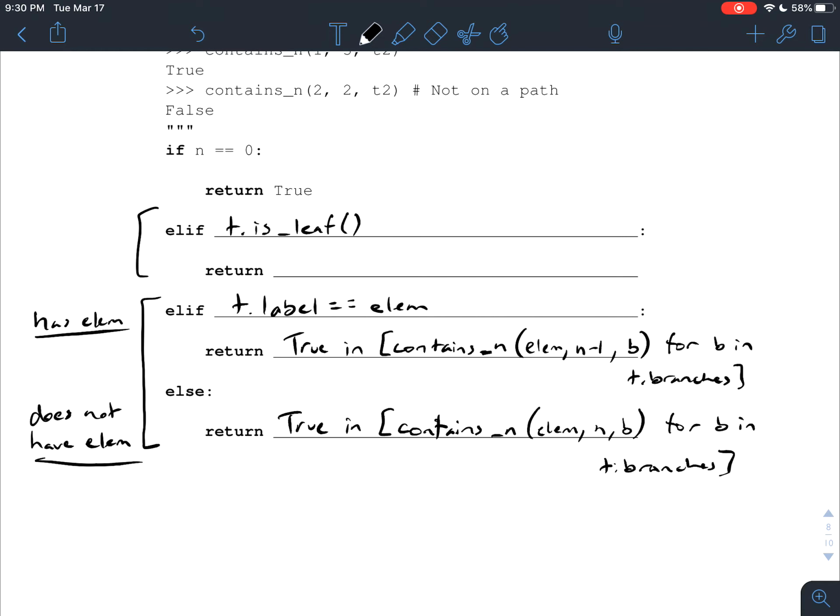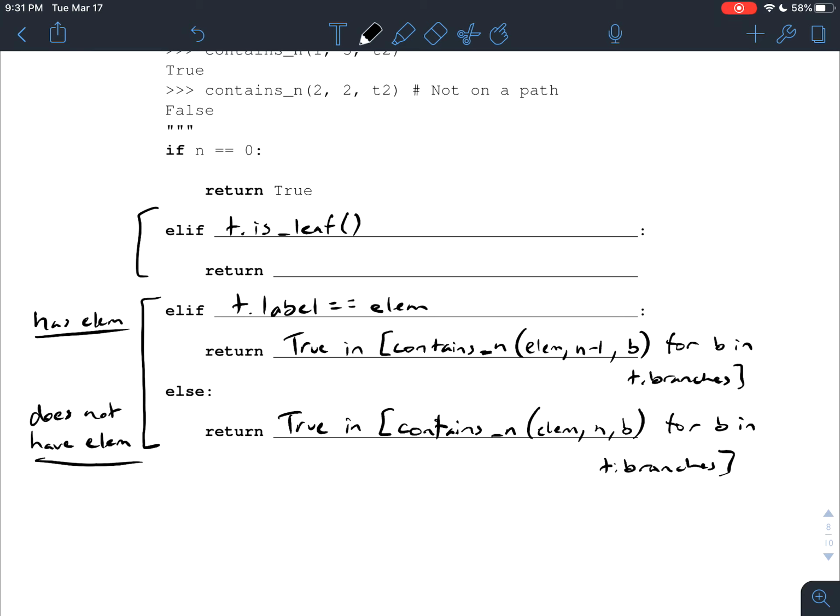One case that we care about is the amount of n that we have left. Because n is kind of a counter, and it keeps track of how many we have seen so far. So if I said that I wanted 7, and at this current point when I'm at the leaf, my n is 4, that means I haven't reached my goal, because somehow I need to find 4 more with just a leaf. It's not possible, so I'd say false. So what is possible?